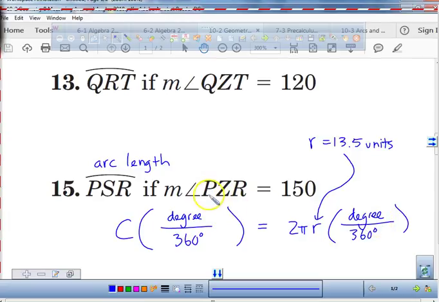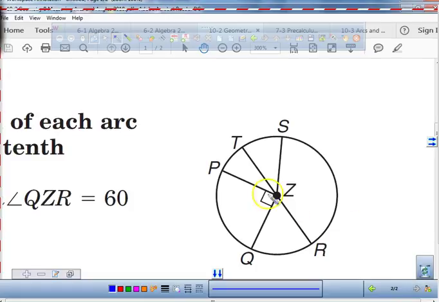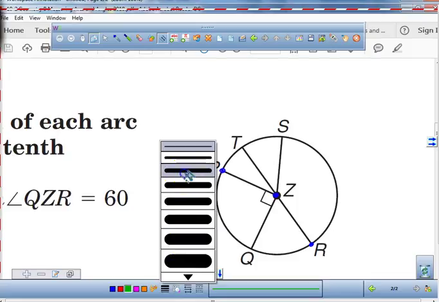Now, it says angle PZR is equal to what? 150. Let's look at it. I've got a P, I've got a Z, and I've got an R. Let's go ahead and make that angle right now. Let's make it a little bit thicker so you can see it.